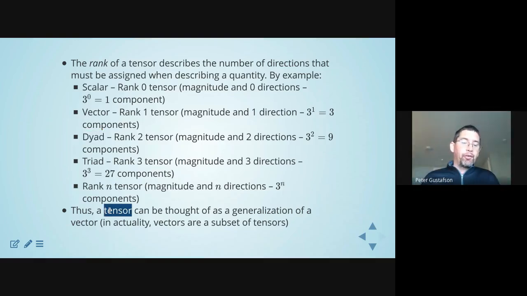So this word tensor, what is it? Well, just in your mind, think of it as a generalization of a vector to a higher number of dimensions.